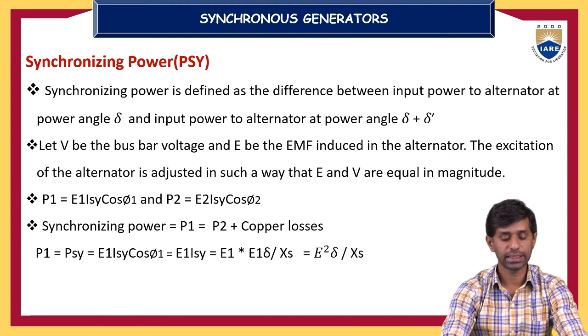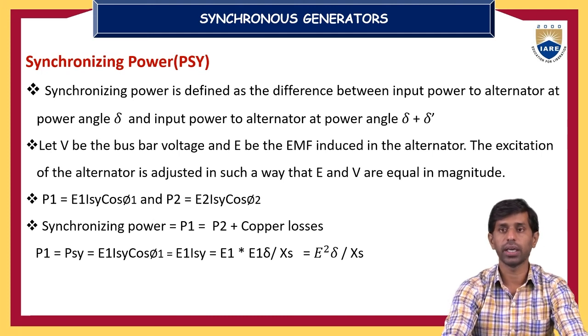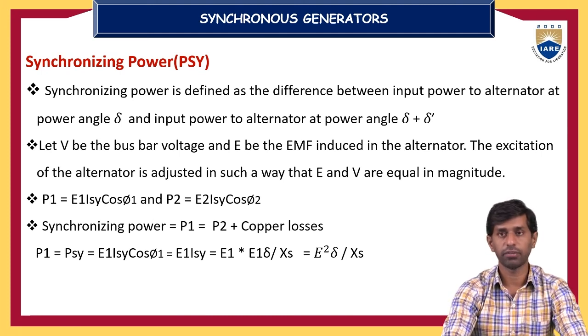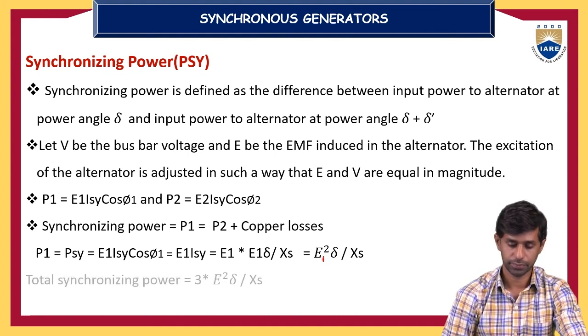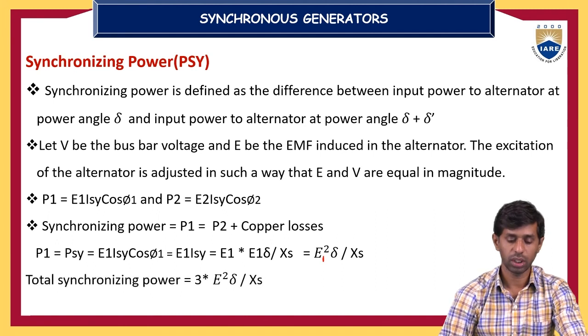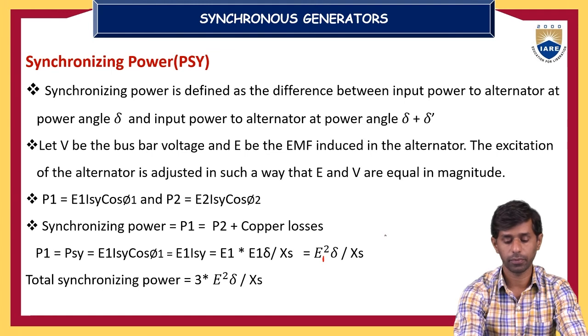So synchronizing power is equal to E1 ISY cos phi 1, that is equal to P1, which is E1 into ISY when phi is very very small. E1 into the synchronizing current, we already know that is E del by XS. So E1 into E, that is E1 square del by XS. This is a per phase quantity.